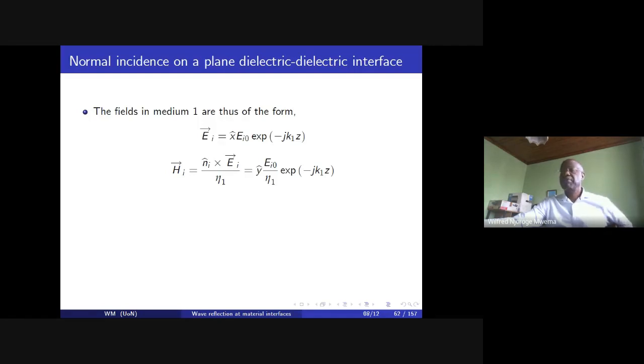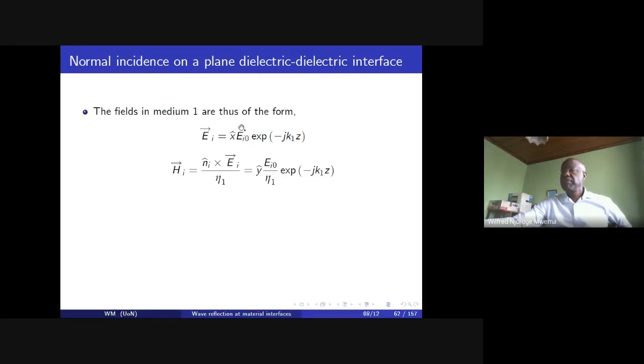And that's the end of all we need to do. Once you have written down the equations of the electric fields and the magnetic fields, the rest is just accountancy, so to speak, using the boundary conditions that we have already met.